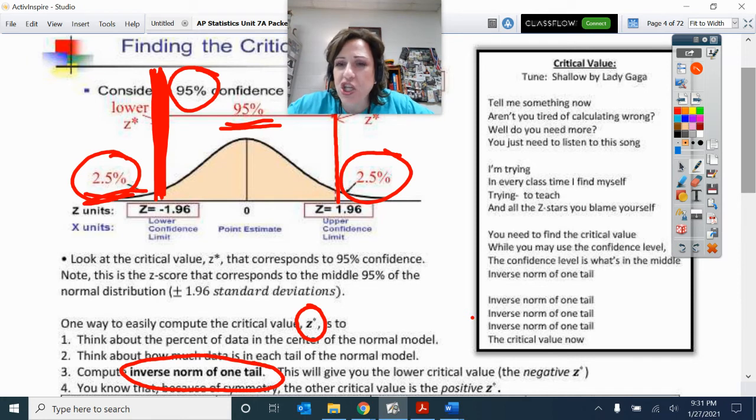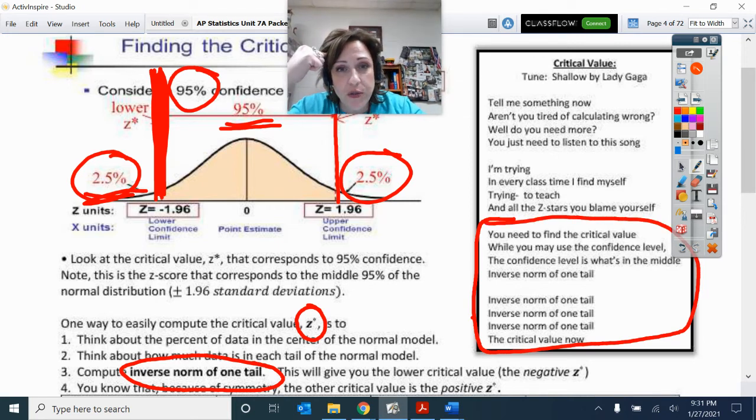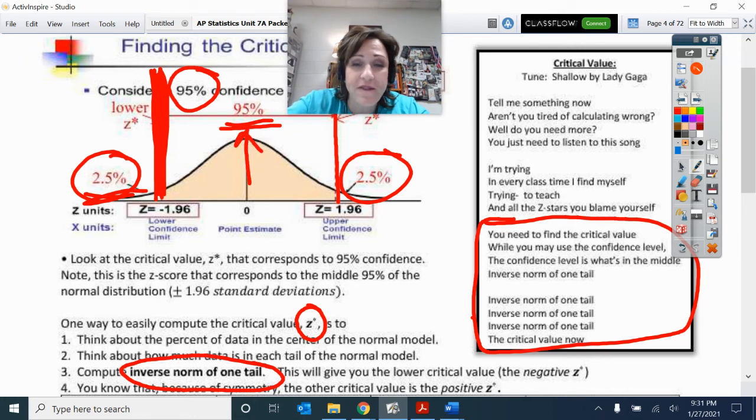But look here. Here's the big deal, because I was having students think the critical value for 95% was 0.95. Wrong, wrong. The critical value is not 0.95 for 95% confidence.